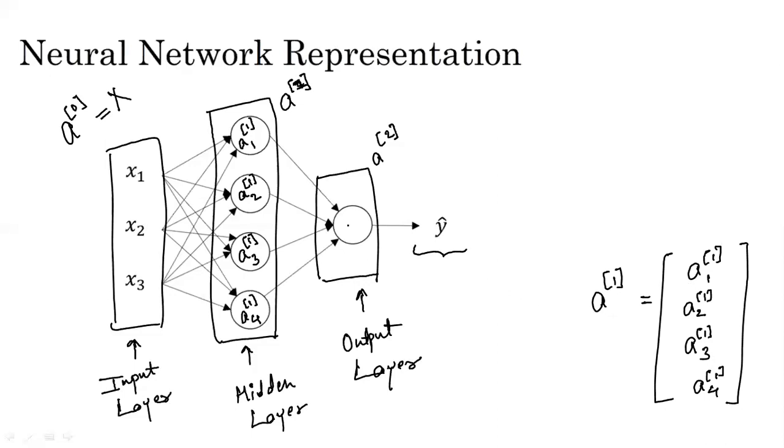For the output layer we have only one node, so it is represented as a. Since we are in layer 2, we write 2, and this is the first and only node of the output layer, so it is represented as a^[2]_1. Whatever output or prediction we get here is this a^[2]_1, which is the predicted output y hat.